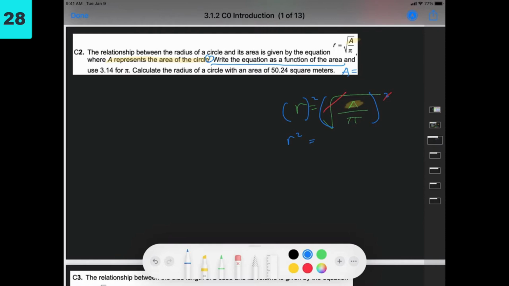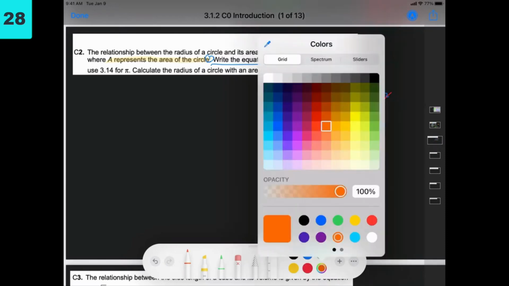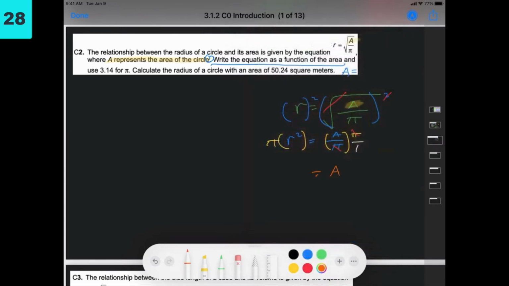And so you're left with A over pi. And then I'm just going to multiply both sides by pi. Oh, look at that. Do we know that formula? Pi's will cancel, and you're left with A equals pi r squared. Okay? Alright, second thing, and it says use 3.14 for pi.